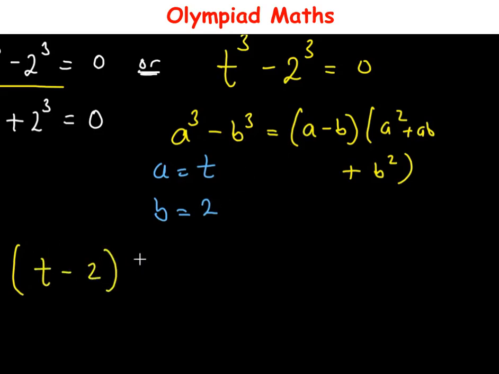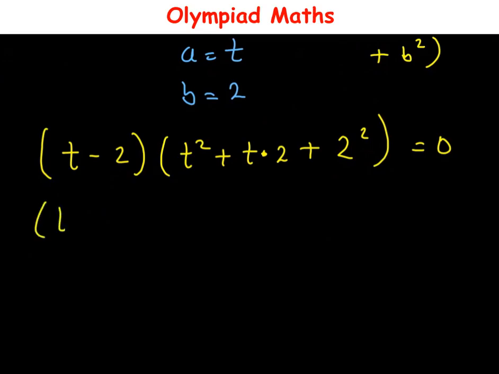So working with this, it is equal to, in brackets, a is t, minus b is 2, all multiplied by a squared, a is t, so t squared, plus a is t times b is 2, plus b squared, that will become 2 squared, all equal to 0.